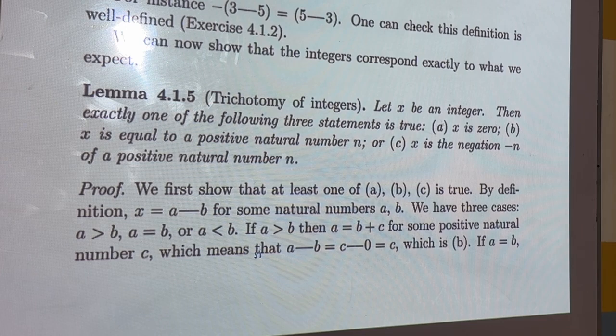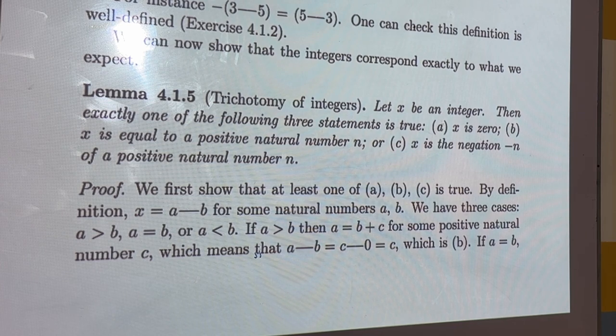You have to prove one of these, and exactly one of them is going to happen. So here he is proving at least one of them is going to happen. Then he has to prove at most one of them is going to happen. That completes the proof that exactly one is going to happen.